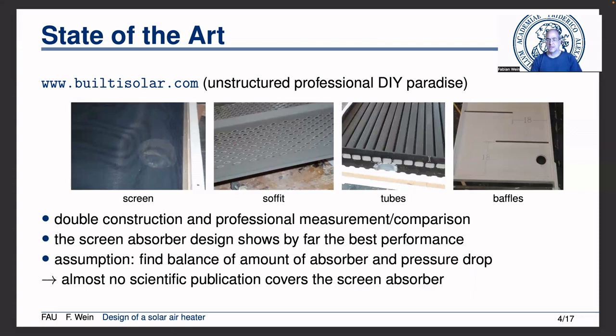And the easiest approach is to have baffles which force the air to meander through the solar air heater. By measuring and comparing these and further designs, it was found that the screen absorber is by far the one design with the best performance, and also quite easy and cheap to construct.